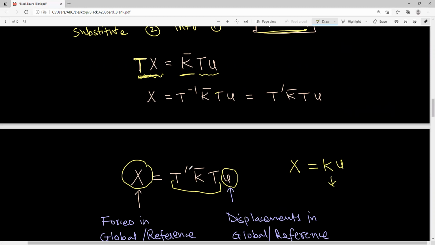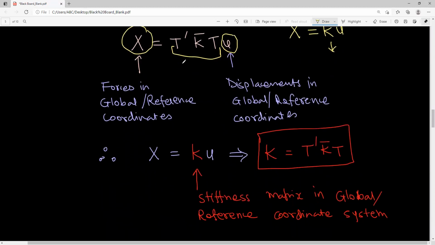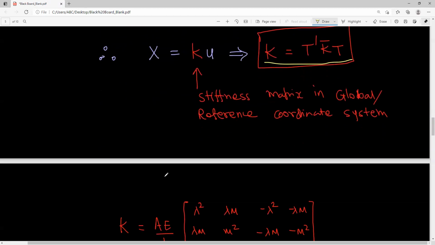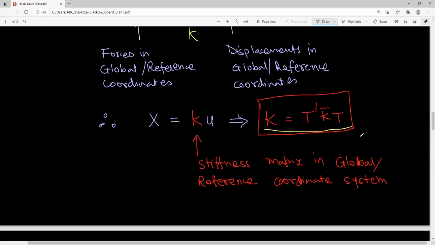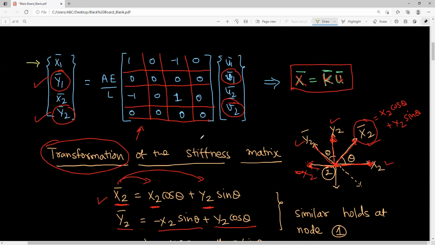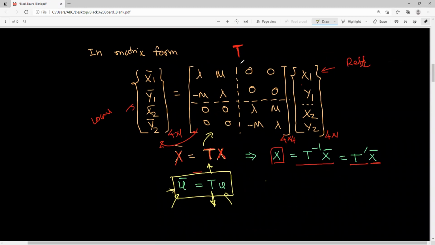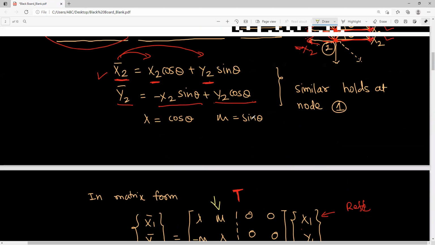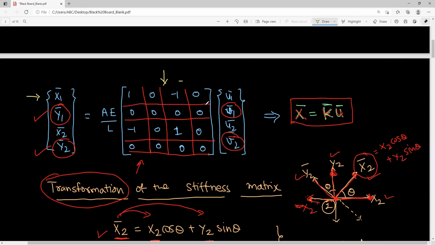So what is this k? K is T transpose k bar T, and this is the stiffness matrix in the global reference coordinate system. By doing the matrix operation, k bar is already there with us. This is your k bar. This is your transformation matrix. If you take the transpose of this, multiply that 4 by 4 matrix with this matrix, the resultant matrix will be 4 by 4.